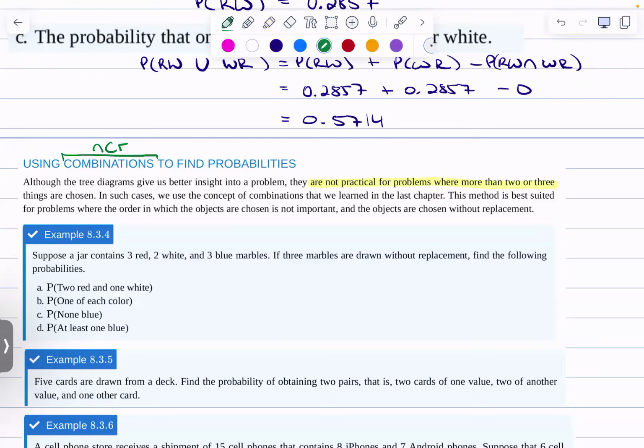More than 2 or 3 things are chosen, so layers of the tree diagram. So if you find yourself drawing 4 marbles, for example, then that's crazy, right? Even if you only start with 2 colors, but what if you start with 4 colors? Oy, yikes. That's terrible.